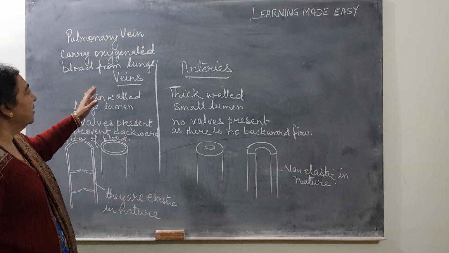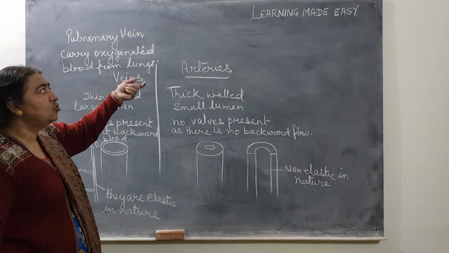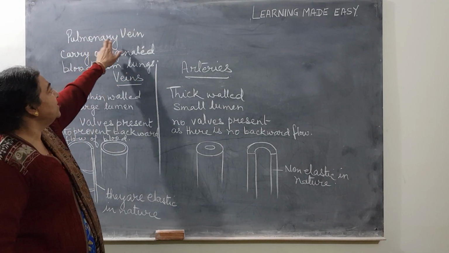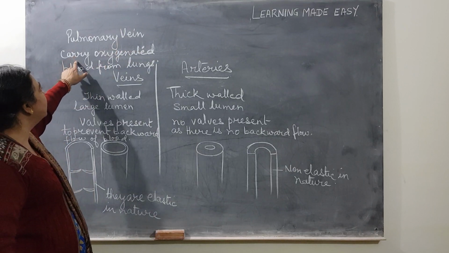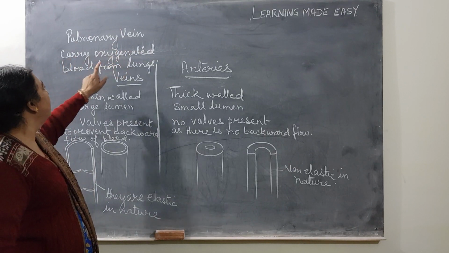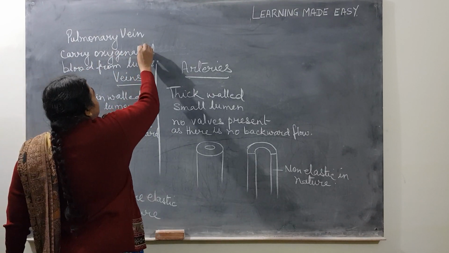Pulmonary vein is named as it is carrying blood from lungs to the heart. So it is called a vein. But on the contrary, we must say that it is carrying oxygenated blood, that means rich in oxygen.